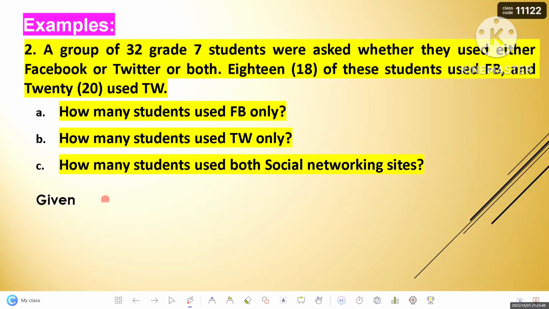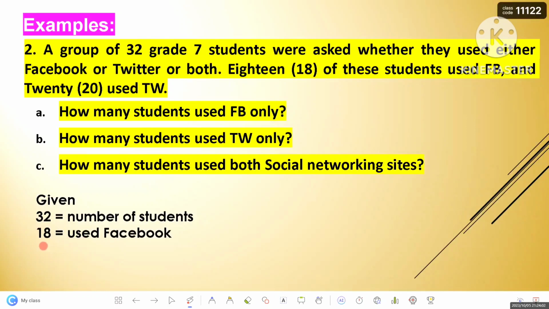So let's now write the given. 32 is equal to the number of students, since our given is 32 grade 7 students. Next, 18 is equal to the students who use Facebook, and 20 is equal to the students who use Twitter.